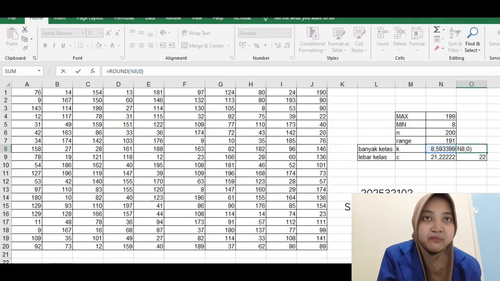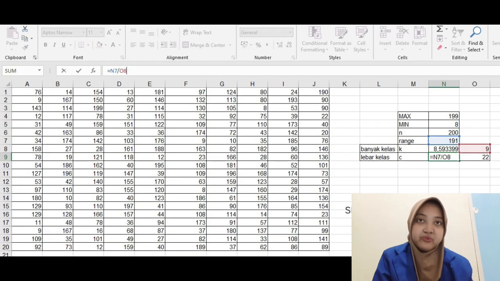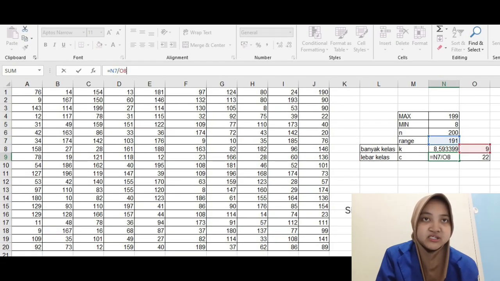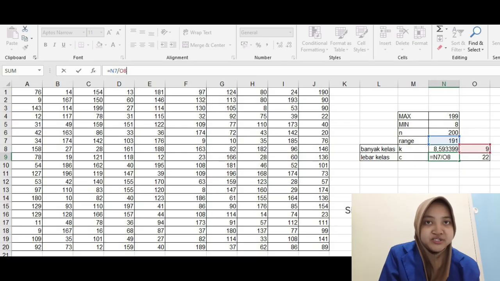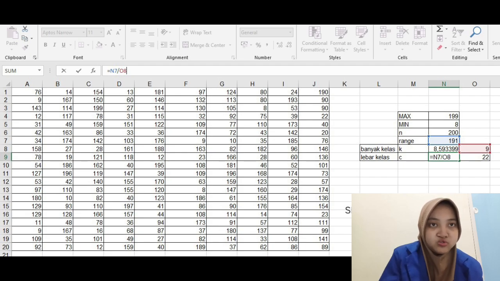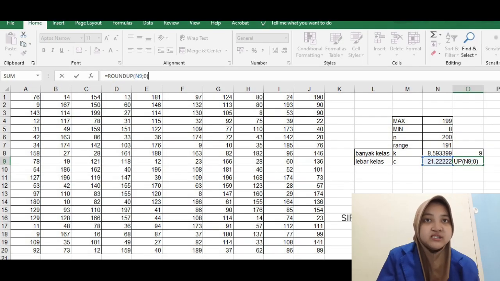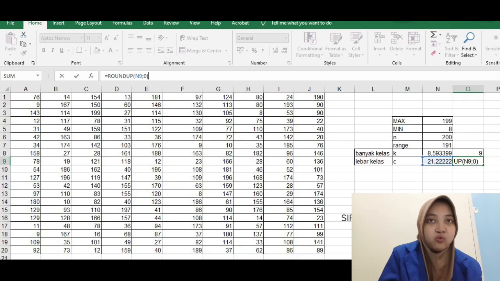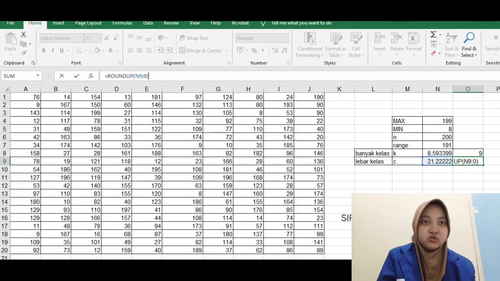So the number of classes becomes 8. And then we calculate the class width using equal range divided by k. The result is 21.22, and to make it simple, we round it up using equal round up, 0, so the class width becomes 22.